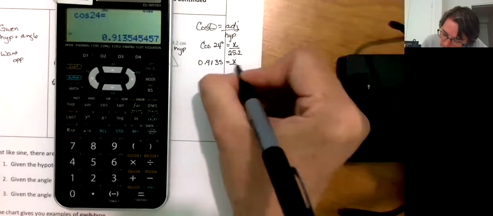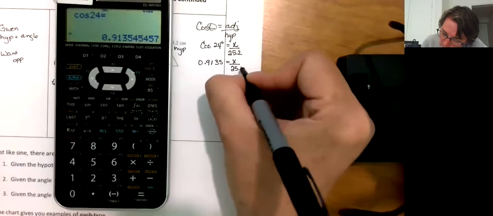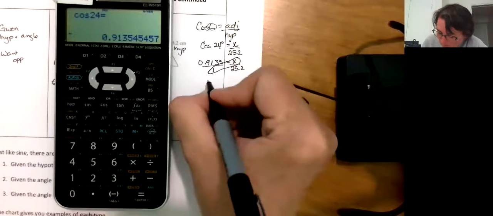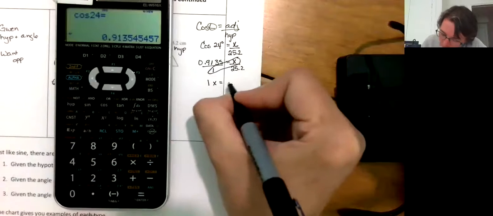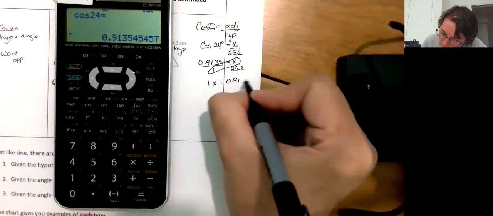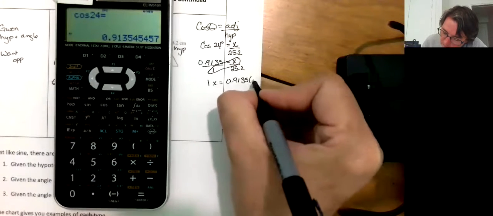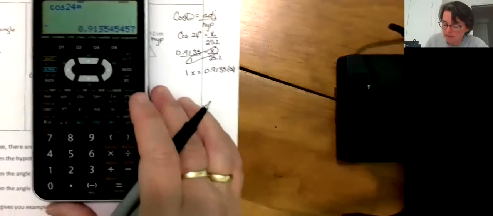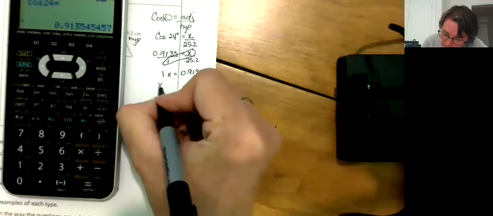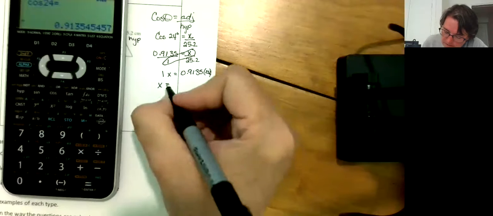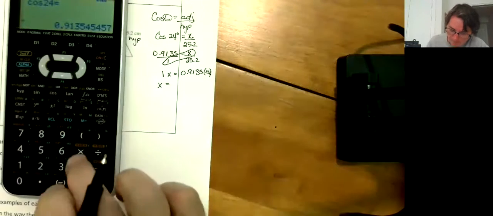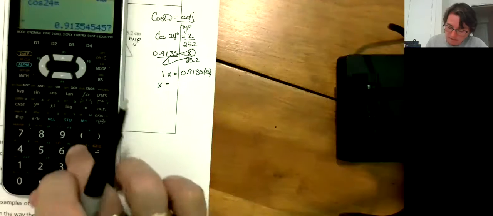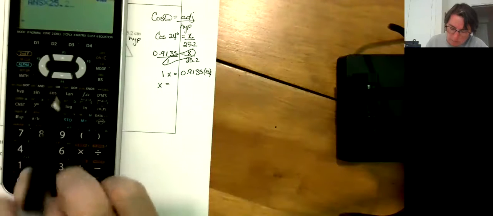This is x over 25.2. Cross multiply, 1x times 25.2. It's squishy, but you guys know what that means. So x is equal to, again, I'm going to be lazy, there's the number times 25.2.